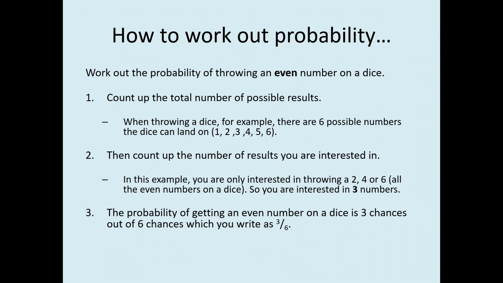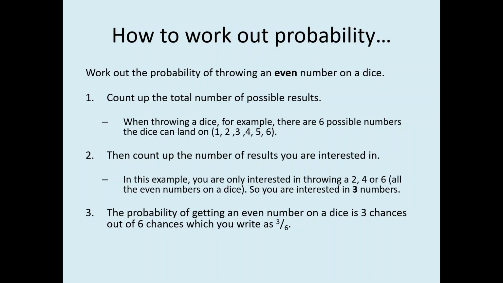Now, how to work out probability? Work out the probability of throwing an even number on a dice. Count up the total number of possible results. When throwing a dice, for example, there are 6 possible numbers. The dice can land on 1, 2, 3, 4, 5, 6.